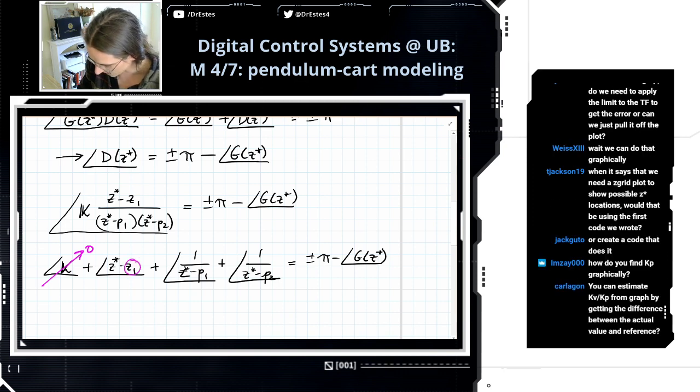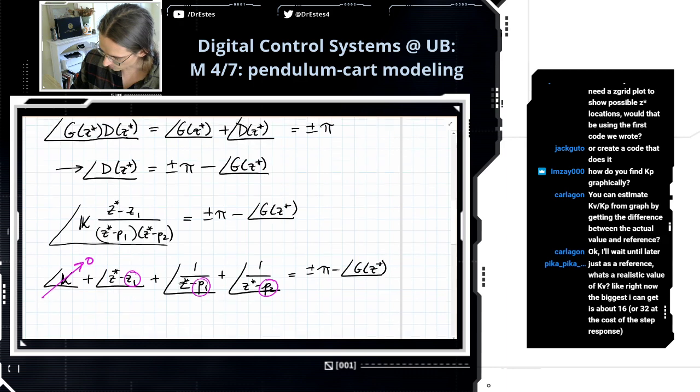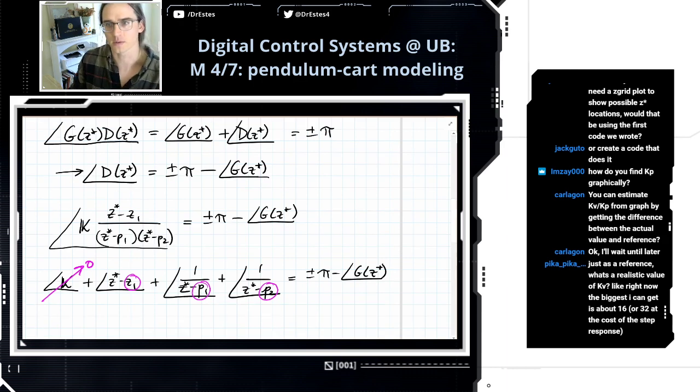The trick of this design problem is you're trying to pick the locations of all of these. One of these variables you already know, and I think most of you know this, the cat's out of the bag, because one of our constraints for the problem is that Kp equals infinity, all right?